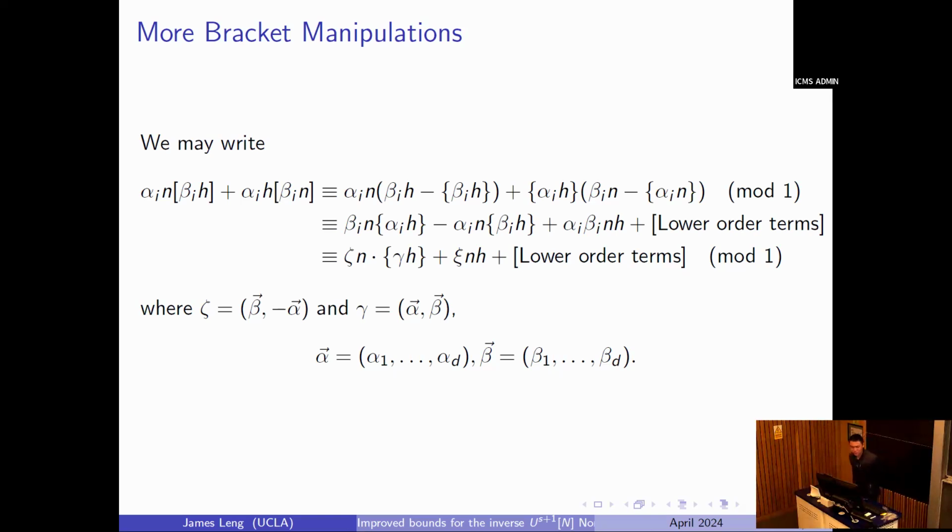And there's a way of doing this by careful bracket analysis. What you get is zeta n dot product gamma h plus a bunch of lower order terms. Zeta is like, you take your first bracket phase like beta minus alpha, and gamma would be like alpha and beta. So that's what you could do.